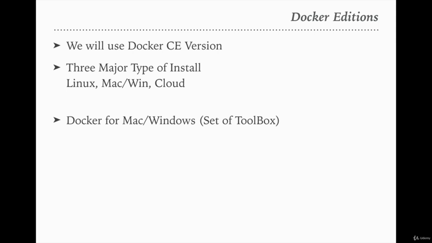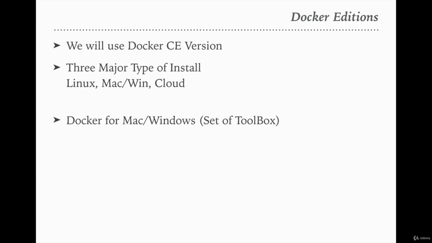Because Mac and Windows natively don't support Docker. So when we install the Docker toolset, behind the scenes, in the background, it creates very small Linux virtual machines to create and start your Docker containers. Although on the UI you will not realize it, internally the processing is executed on Linux VMs.